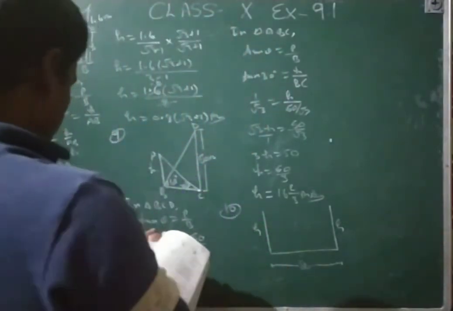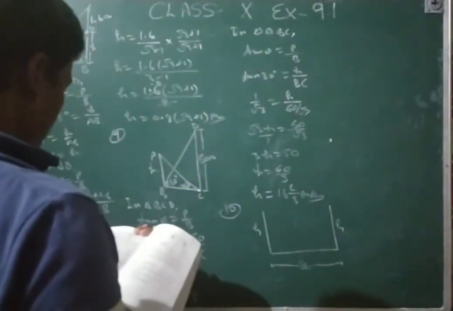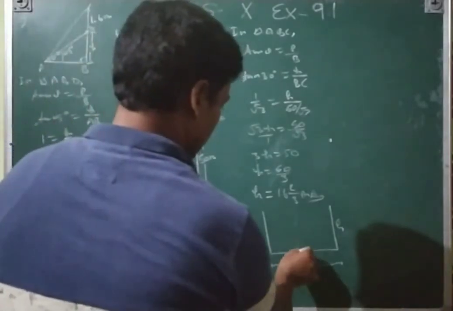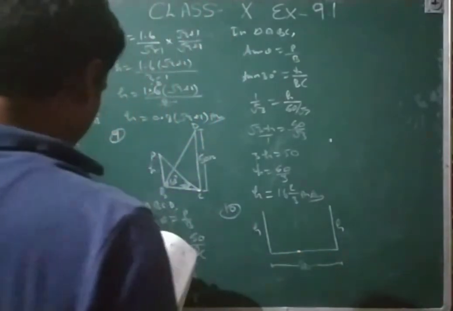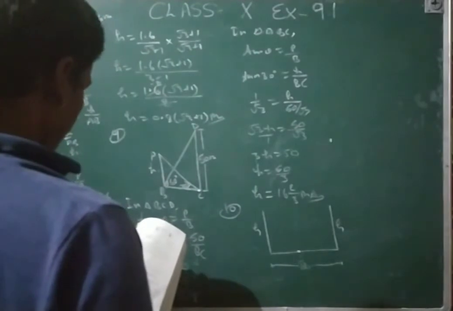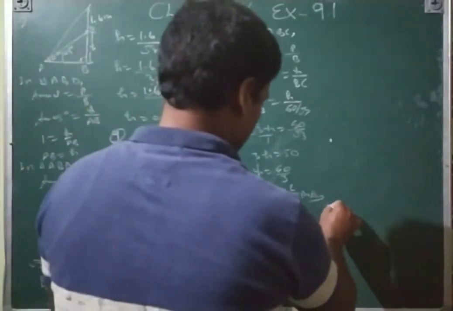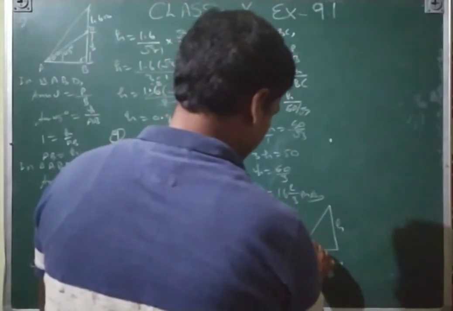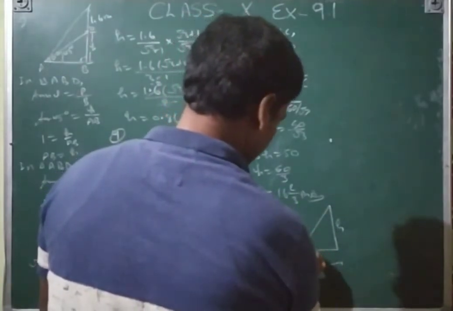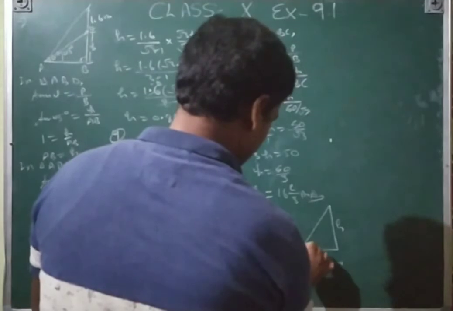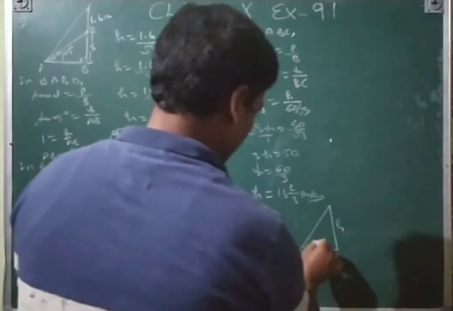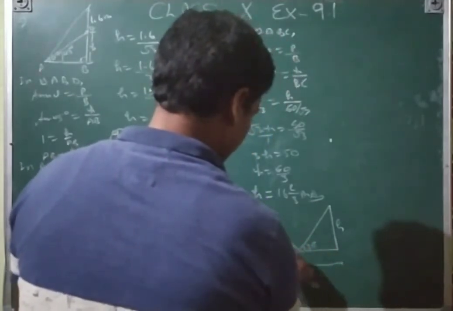From a point between them on the road, like this point we can take, the angles of elevation of the tops of the poles are 60 and 30 degrees. Suppose this is the 60 and this is the 30 degrees, so that will be 90 degrees.